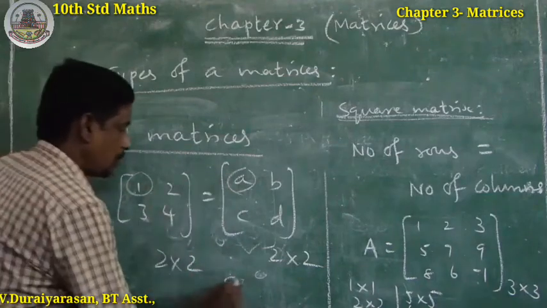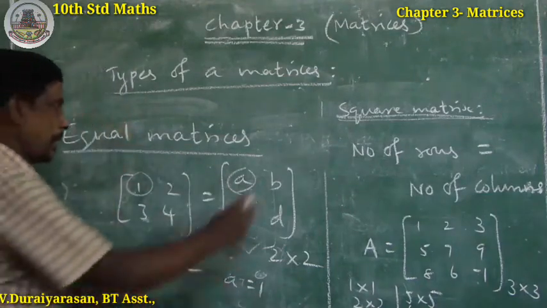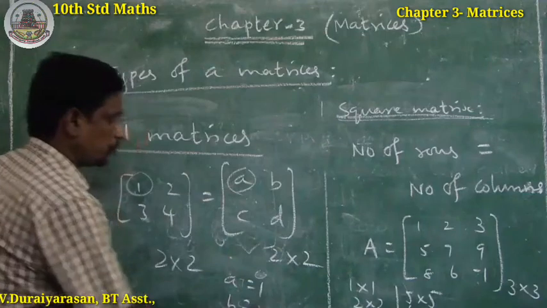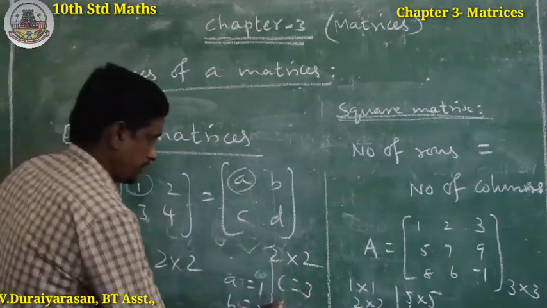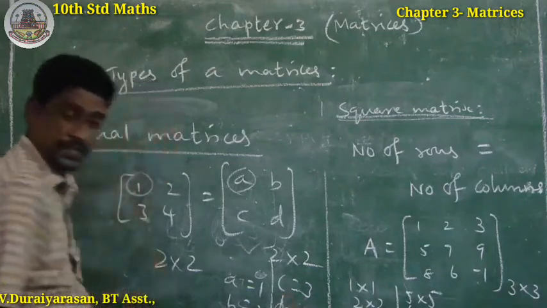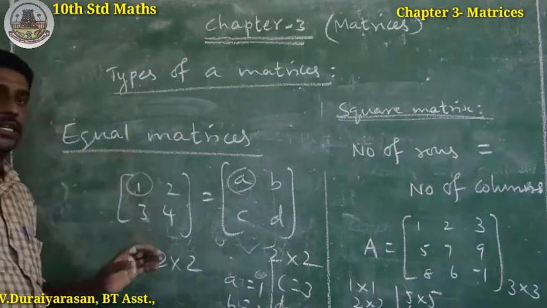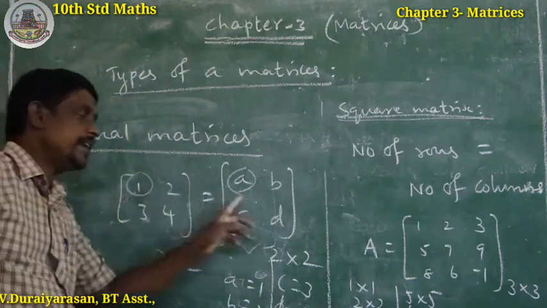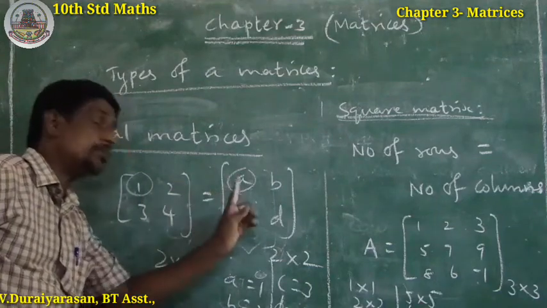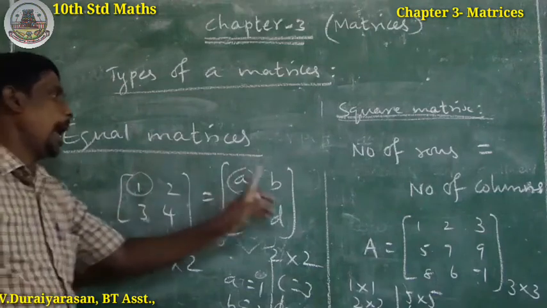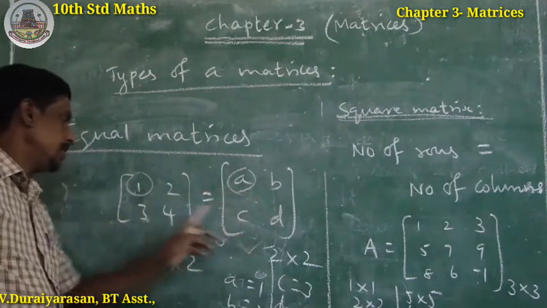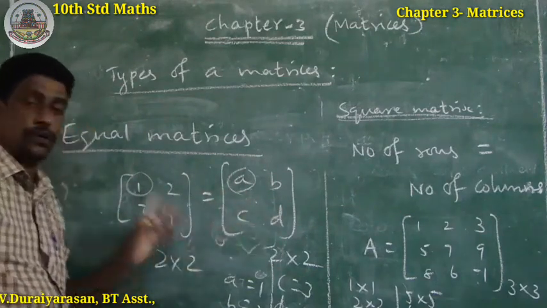So A equal to 1, B equal to 2, C equal to 3, D equal to 4.